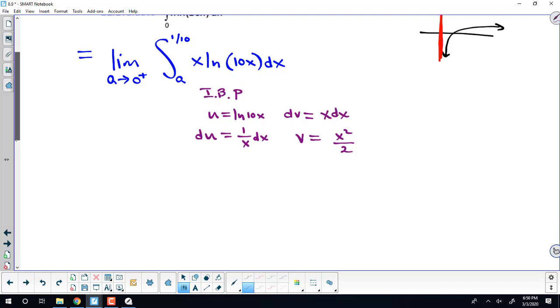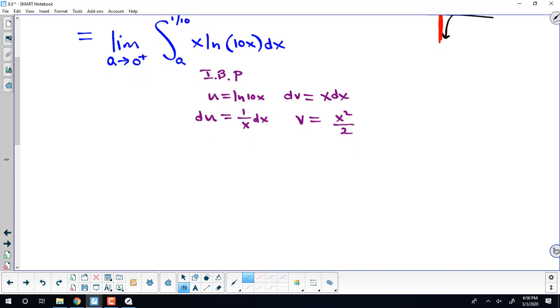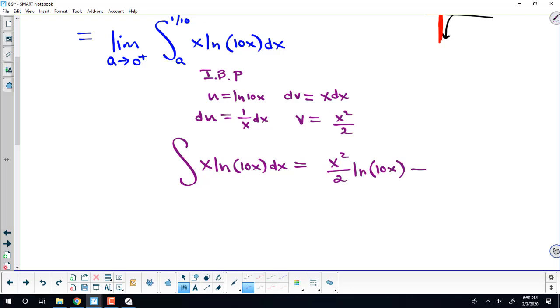We're just working this problem, the antiderivative of x ln of 10x first, and then we'll fit all the pieces in. It's u times v minus the integral of v du. So we have x squared over 2 times 1 over x, which gives x over 2.